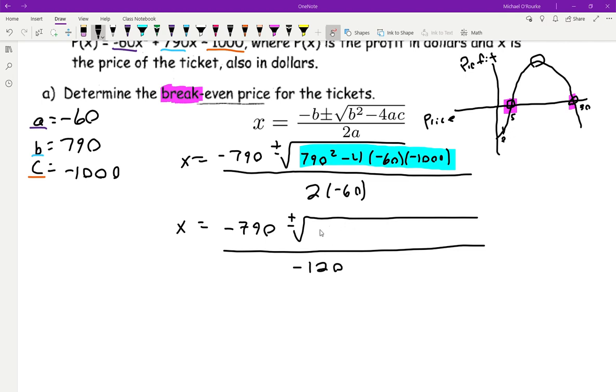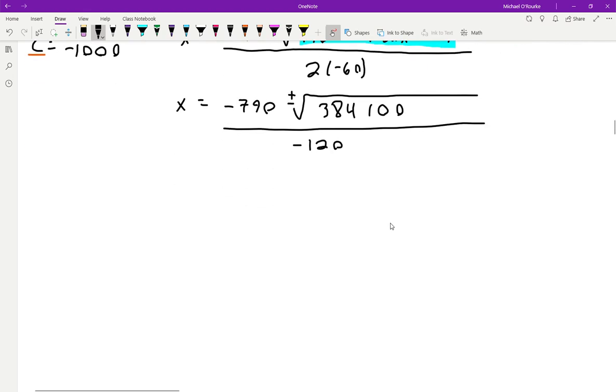340,100. And then here's where we split it, right? We split our answer up into two sections. Now, you might find in some books they'll leave it as the square root version. I don't mind. I'll be looking for it as a decimal. Okay?